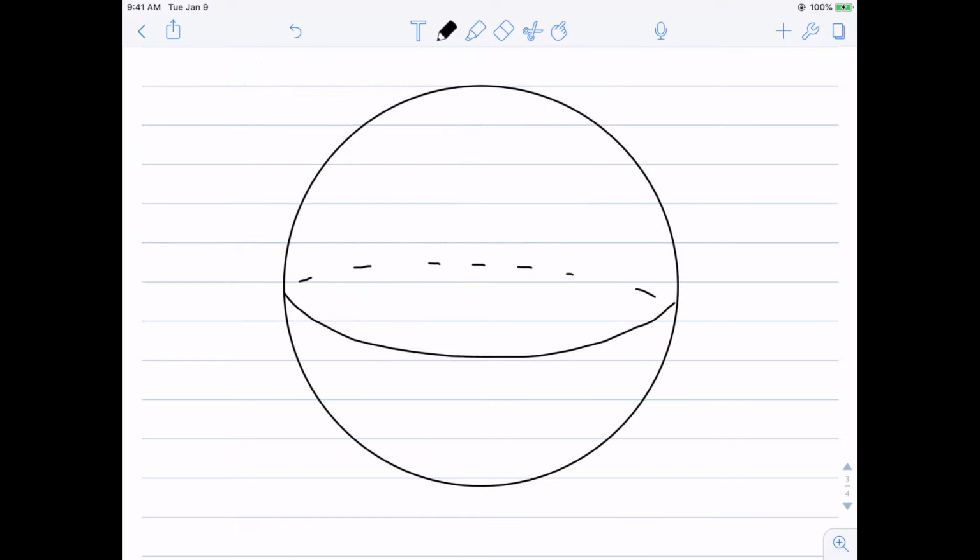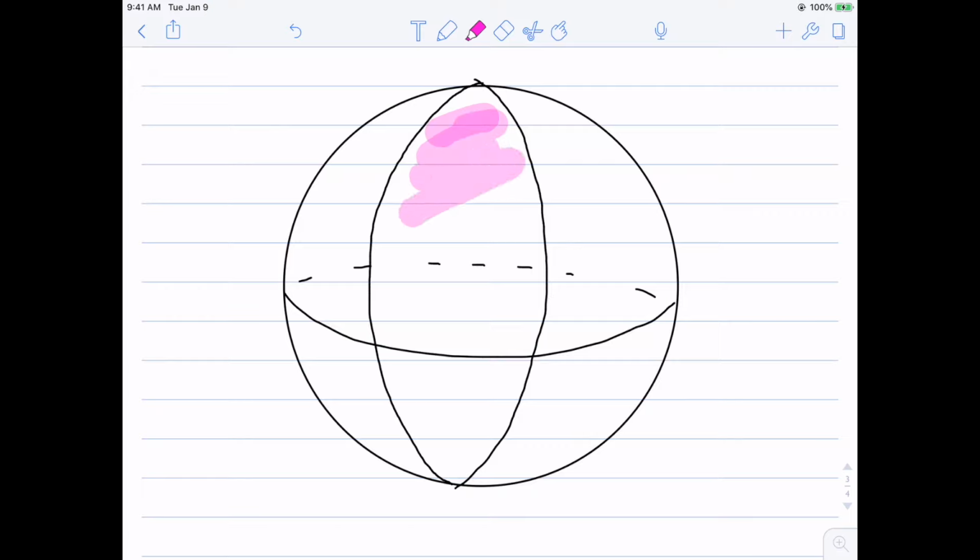What about in spherical geometry? So here's my sphere. I have one ray here that's H, and then another ray that's K. So I have my angle. In this case, the interior would be this piece right here.